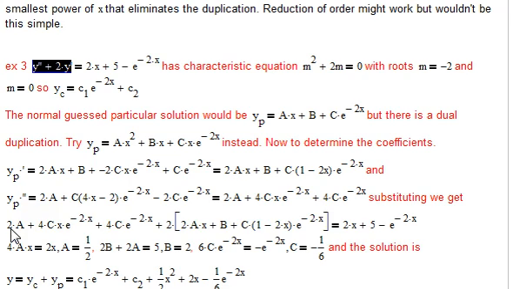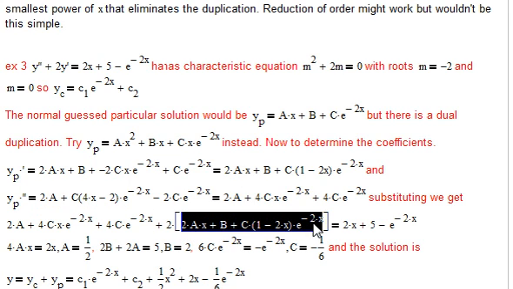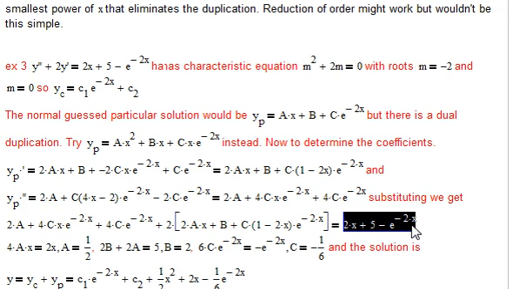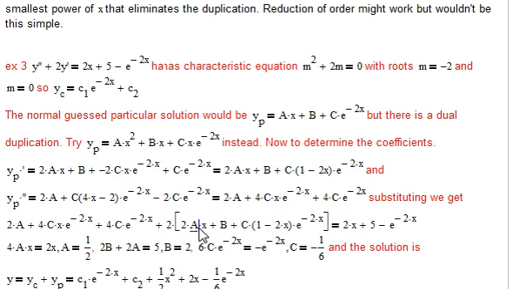Here is the y double prime, and here is twice the y prime, and that's going to be equal to this. So let's look at the terms. We got 4ax here and we got 2x here, and that's the only term with an x in it, right?